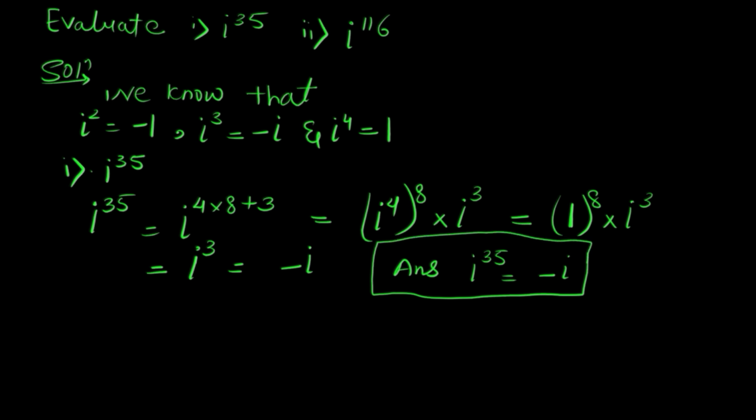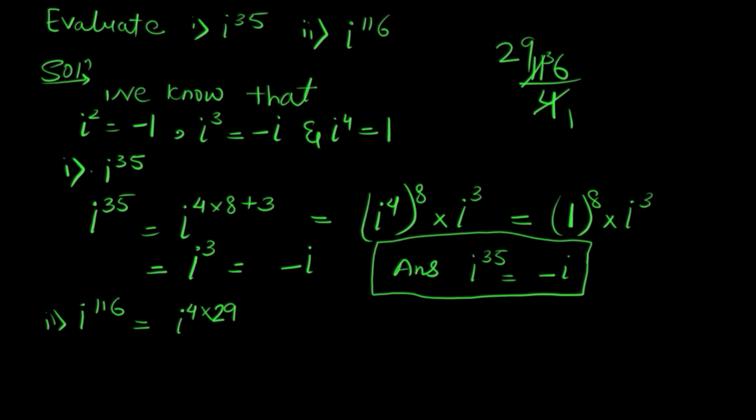Second one, i raised to 116. We have to write i raised to 4 into 29. If you divide 116 by 4: 4 fours are 16, 4 nines are 36, so 4 into 29, remainder is 0.